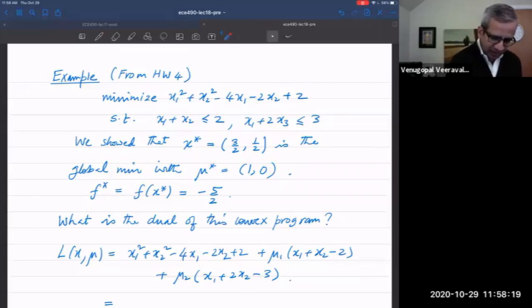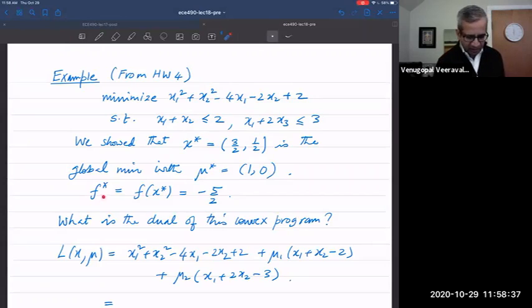This quadratic function with linear constraints. And we showed that x star, which is 1.5 and 0.5, is the global minimum for this optimization problem, with mu star equal to 1, 0. And if you actually compute the value of the function at x star, it's minus 5/2. That's not hard to see.